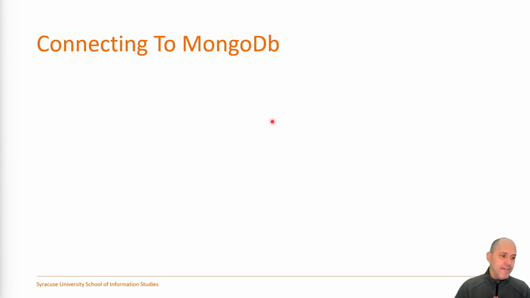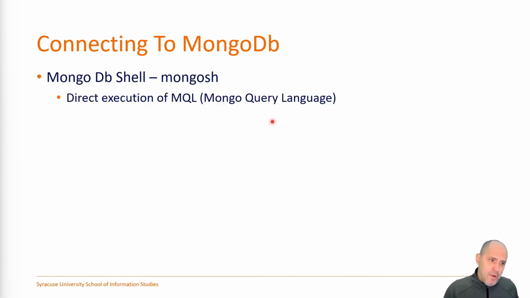Okay, let's talk about the various ways that you connect to MongoDB. Like I said, it's a programmer's database. You can connect through the Mongo shell, Mongosh, and it's a direct connection. Then from there you can execute MQL commands.